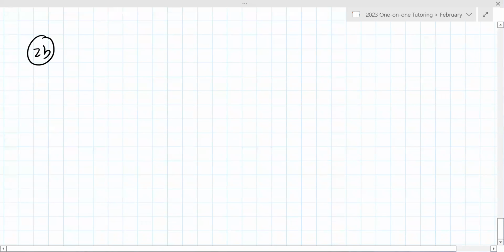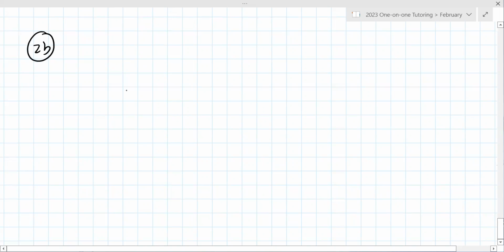Let's just say it's 2 absolute value x minus 1 plus 3 equals 8. This one's just more complicated, but your goal is to get this down to x minus 1 equals a number.